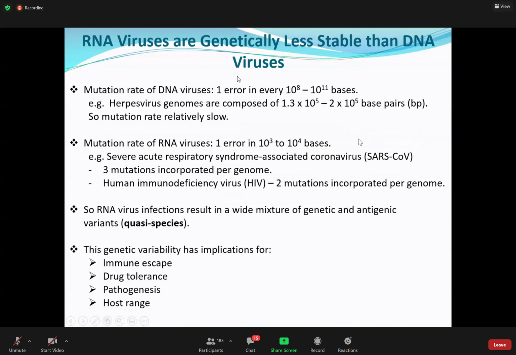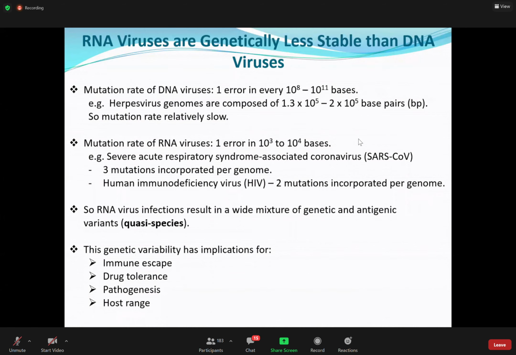Now, one feature of RNA viruses is that there are many more mutations during replication of RNA viruses compared to DNA viruses.